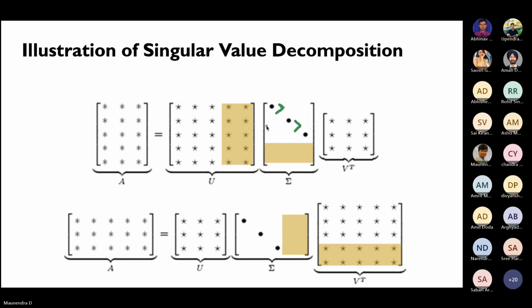Suppose you reorder them: sigma 1, sigma 2, sigma 3, you can permute them in 6 different ways. No, here it will be three different ways. And suppose you interchange these two.